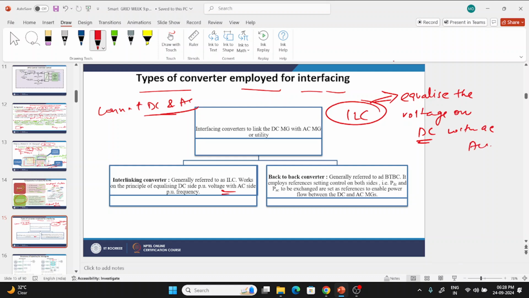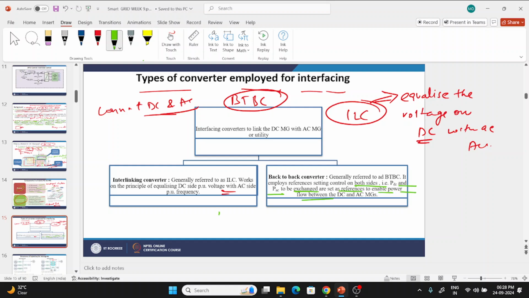Another type of converter is known as back-to-back converters, generally BTBC. They employ reference setting control on both sides, where PDC and PAC to be exchanged are set as a reference to enable power flow.